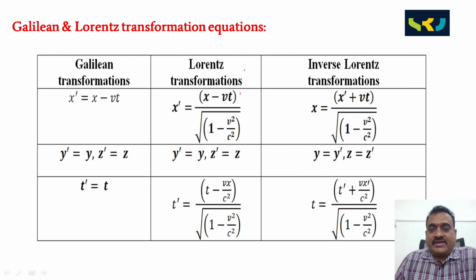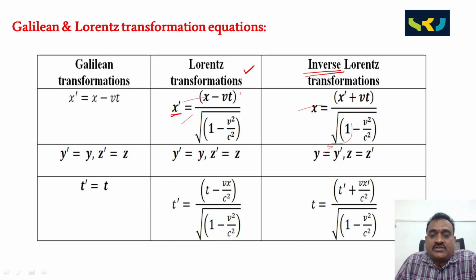So we can compare between the Lorentz transformation equation and the inverse Lorentz transformation equation. Here x dash is equal to x minus Vt by root of 1 minus V square by C square. Here x is equal to x dash plus Vt by root of 1 minus V square by C square. This is y dash is equal to y, this is y is equal to y dash, this is z dash is equal to z, this is z is equal to z dash.